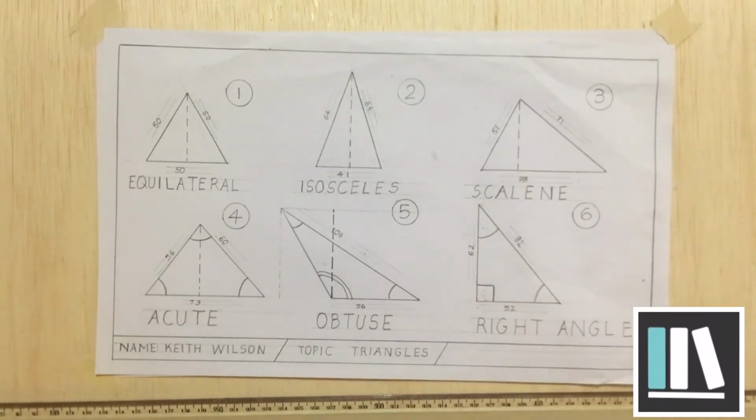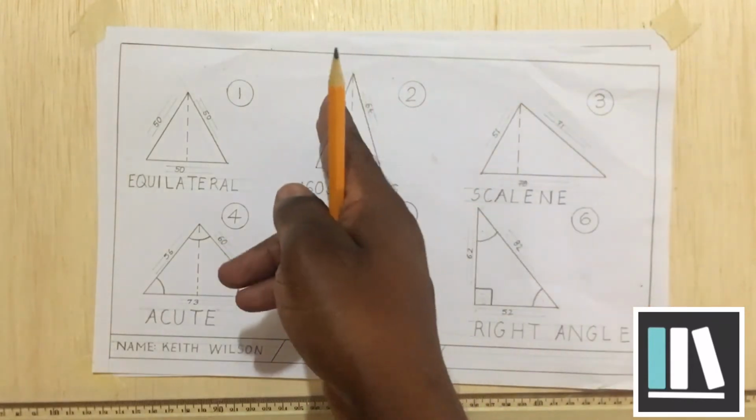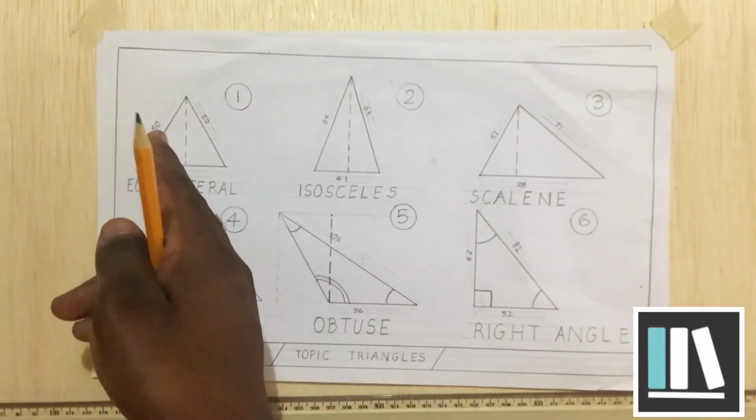The third triangle that we will look at is the scalene triangle. Now, this triangle consists of no equal sides, meaning all 3 sides have different measurements. And as a result of this, all 3 angles have different measurements. So no sides are equal, 2 sides are equal, all 3 sides are equal.